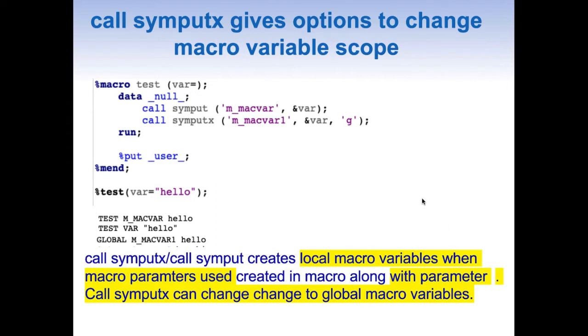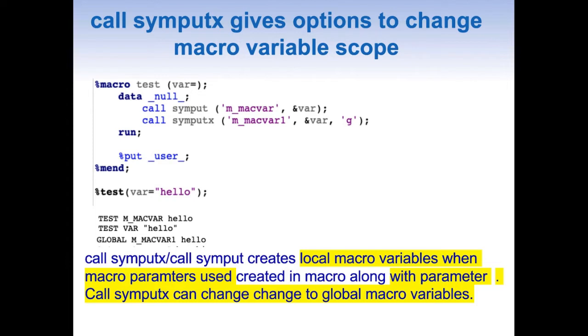Local macro variables are related only to that particular macro, and they are not available outside of the macro. But when we create macro variables outside of a macro, they are usually known as global macro variables, available for the macro and for any other programs to use.